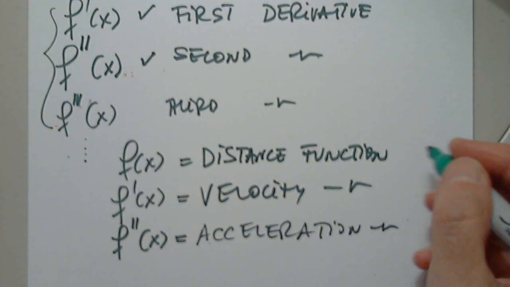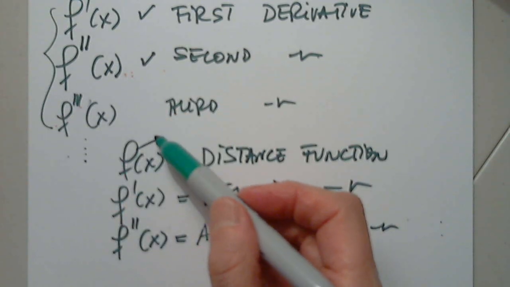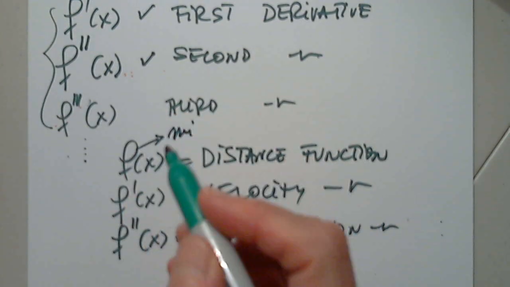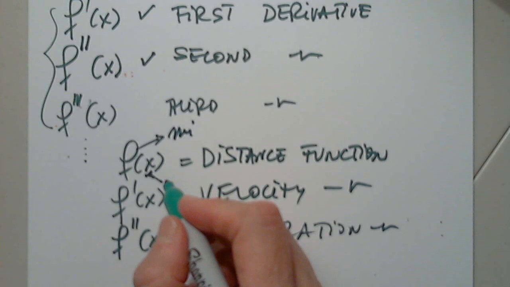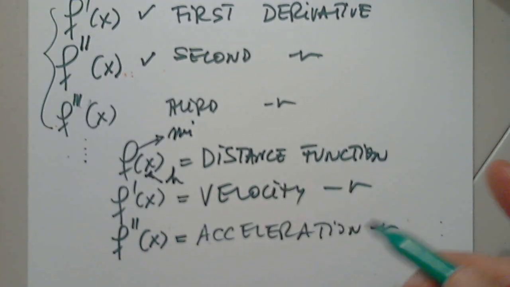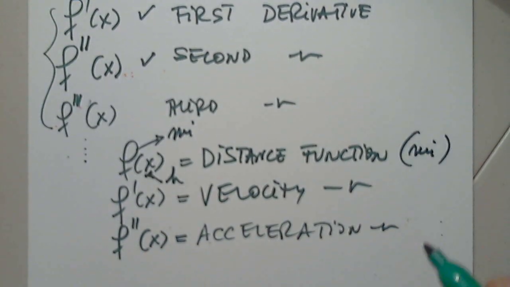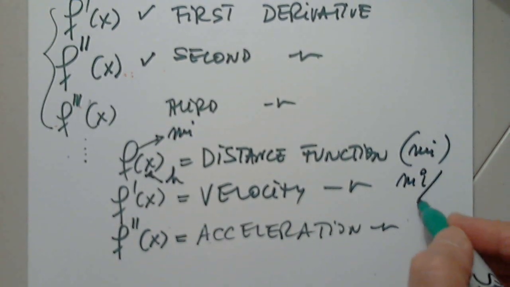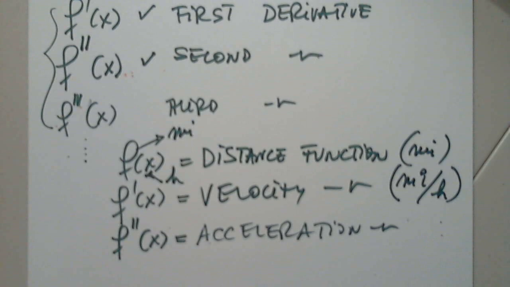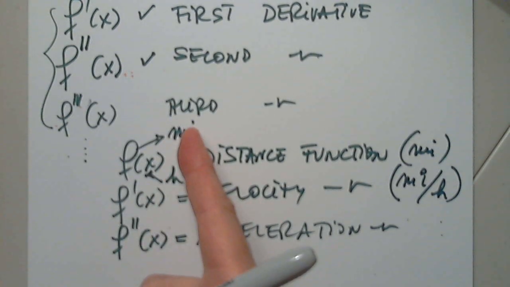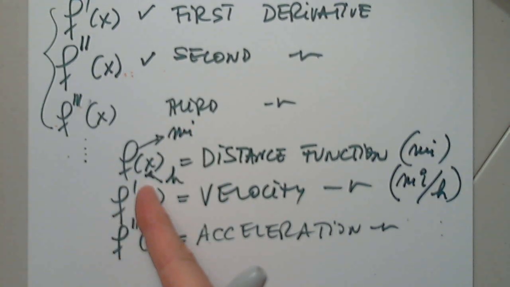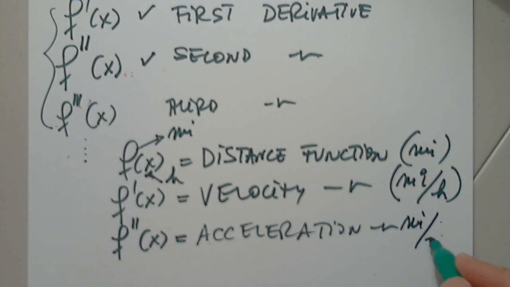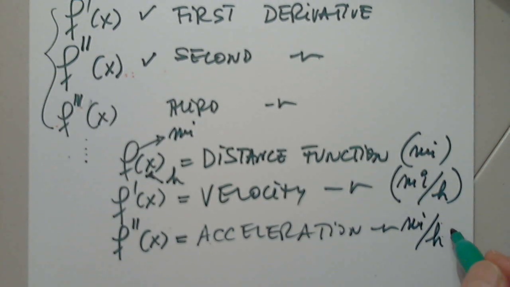If the distance is measured in, let's say, miles, and x is measured in hours, the distance will be measured in miles. The velocity will be measured in two measurement units, because it's a rate of change. Also, this one is a rate of change of this. So it will be miles per hour squared.